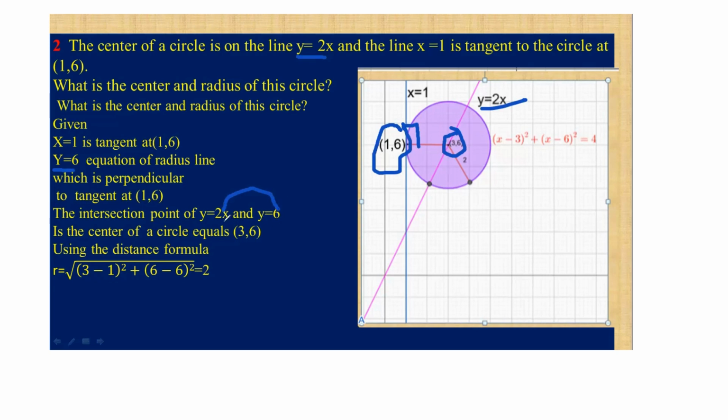Solving, x is 6 divided by 2, which gives the value of x as 3, and the value of y is constant, which is 6, because this line is a horizontal line.